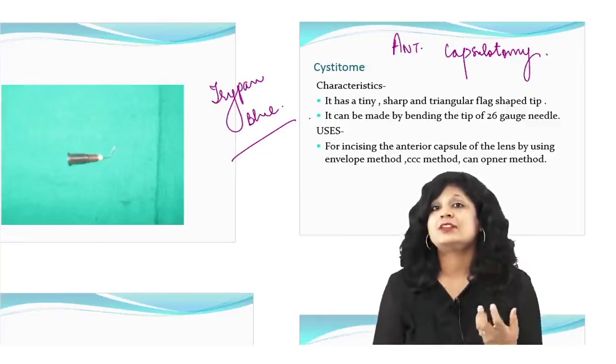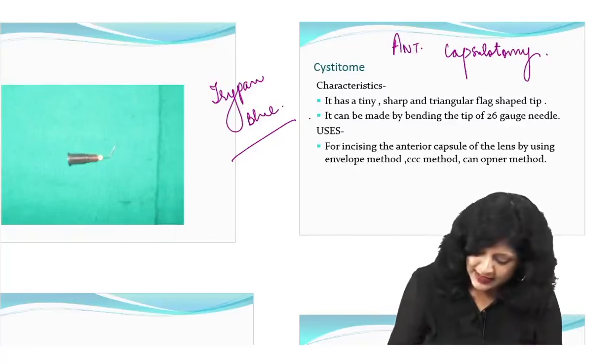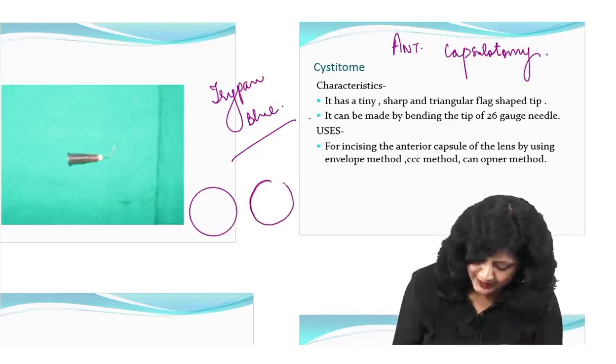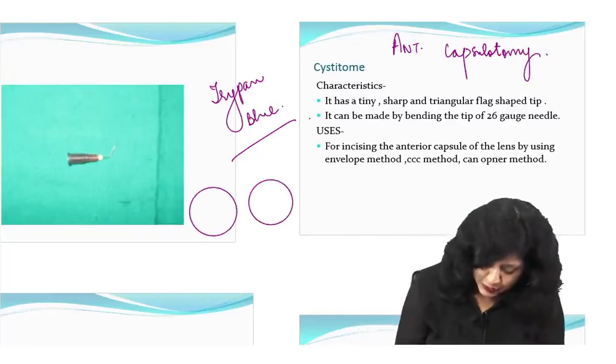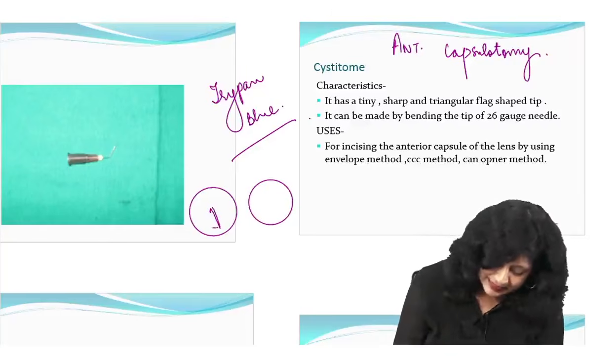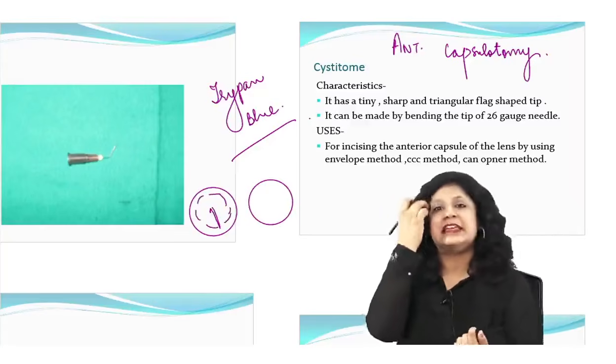Now we know that there are two ways of doing the capsulotomy. What were the two ways? One way was that you are actually putting a prick in the center and coming towards the periphery, and then you are taking it round in a curvy linear fashion.